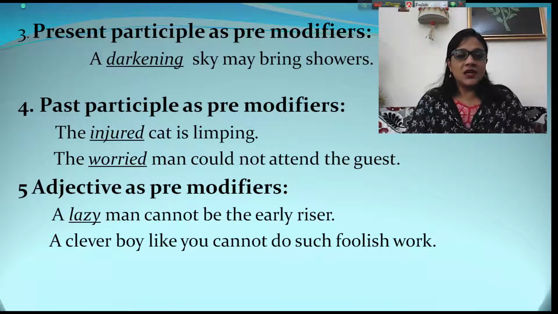For this reason, here with injured it is used ed. For this reason, it is a past participle, and as it is used before a noun, it is used as a pre-modifier.